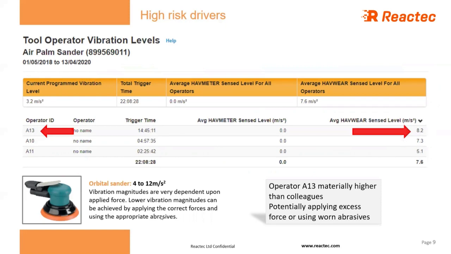Now, an orbital sander, the HSE would suggest could range from 4 to 12 meters per second squared, very much dependent upon the applied force, and lower vibration magnitudes can be achieved with the correct forces, but also the appropriate use of abrasives. So if this behaviour could be seen in real time, then the potential to massively improve that person's risk is potentially therefore available.